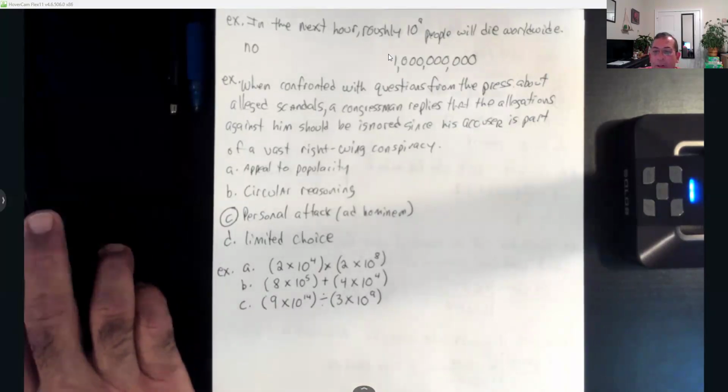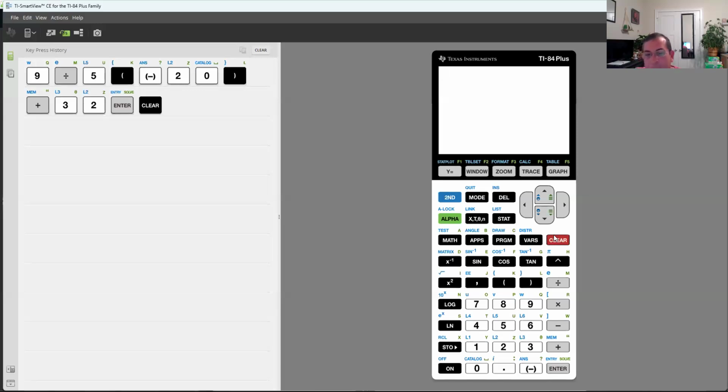So y'all want to clear this screen. Let me put my numbers in parentheses like they do. The first one I had was 2 times 10 to the 4th. Y'all watch what I do. I'm going to hit the 2. Now, in place of the times 10 to the 4th, do you see the comma above the 7?